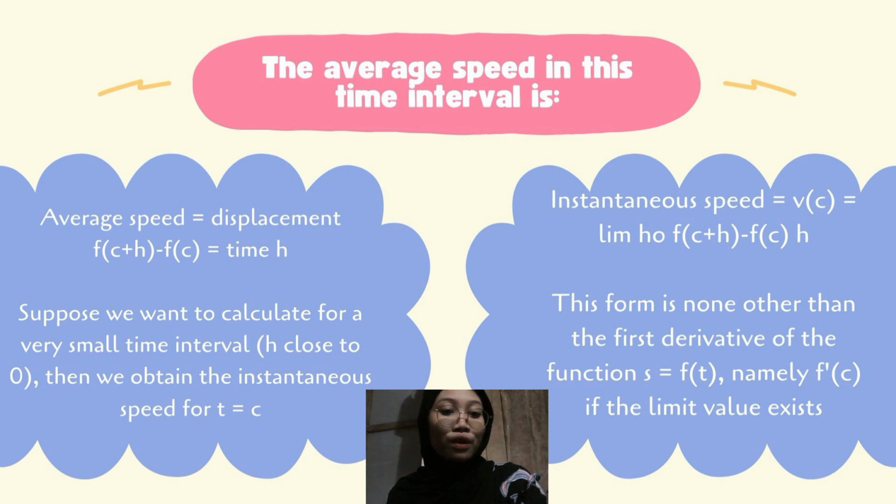This form is none other than the first derivative of the function s equals f(t), namely f'(c), if the limit value exists.